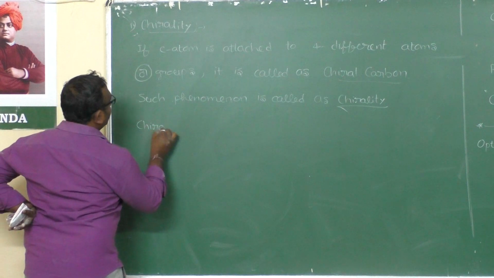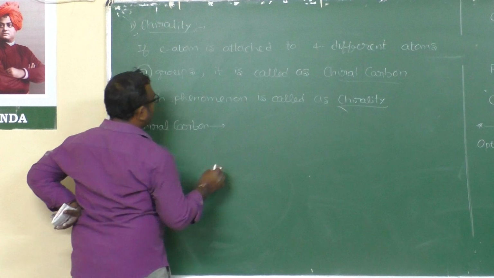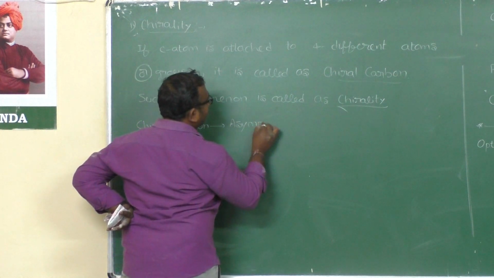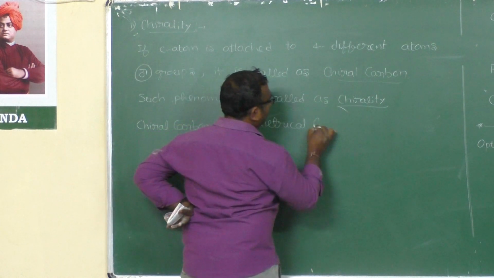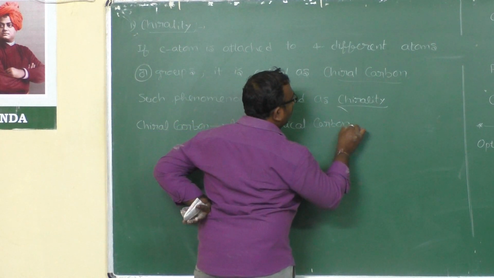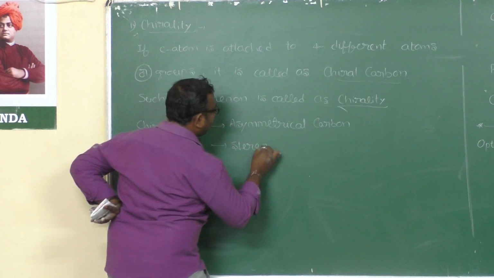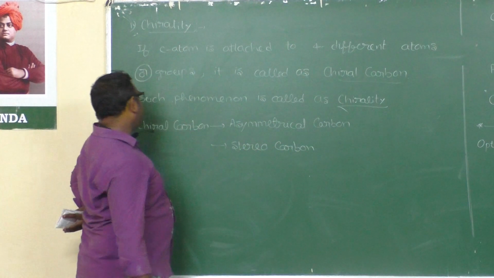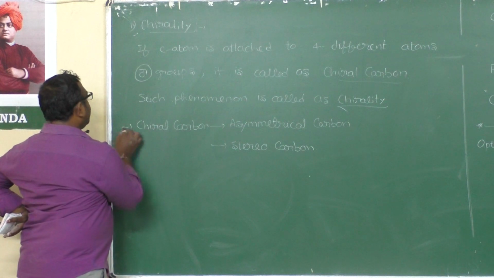The other names for chiral carbon are asymmetric carbon or stereocarbon.